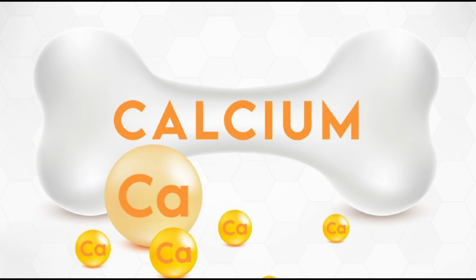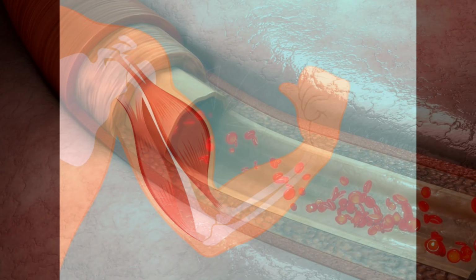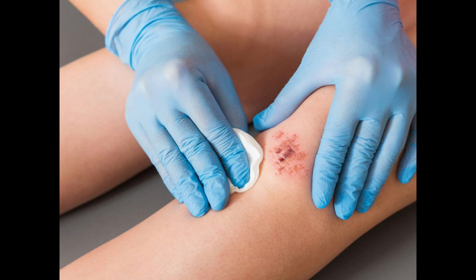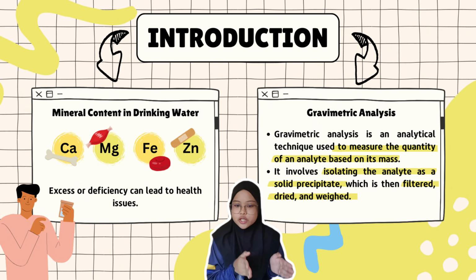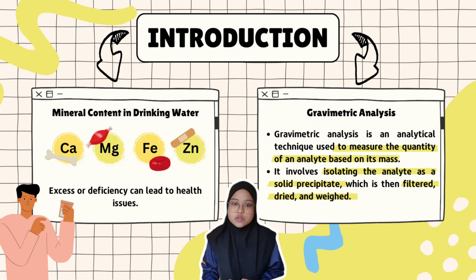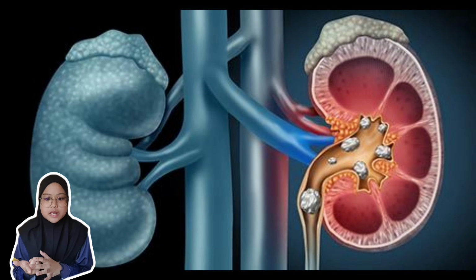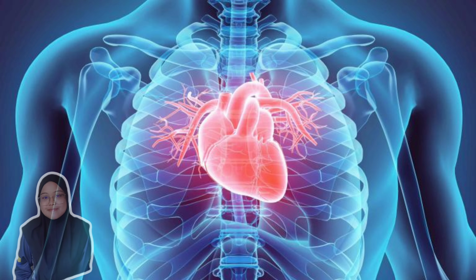Calcium supports bone development, magnesium aids muscle and nerve function, iron is vital for oxygen transportation, and zinc facilitates wound healing. However, imbalances, either excess or deficiency, can lead to health issues. For instance, too much calcium may contribute to kidney stones, while insufficient magnesium can cause muscle cramps and cardiovascular problems.